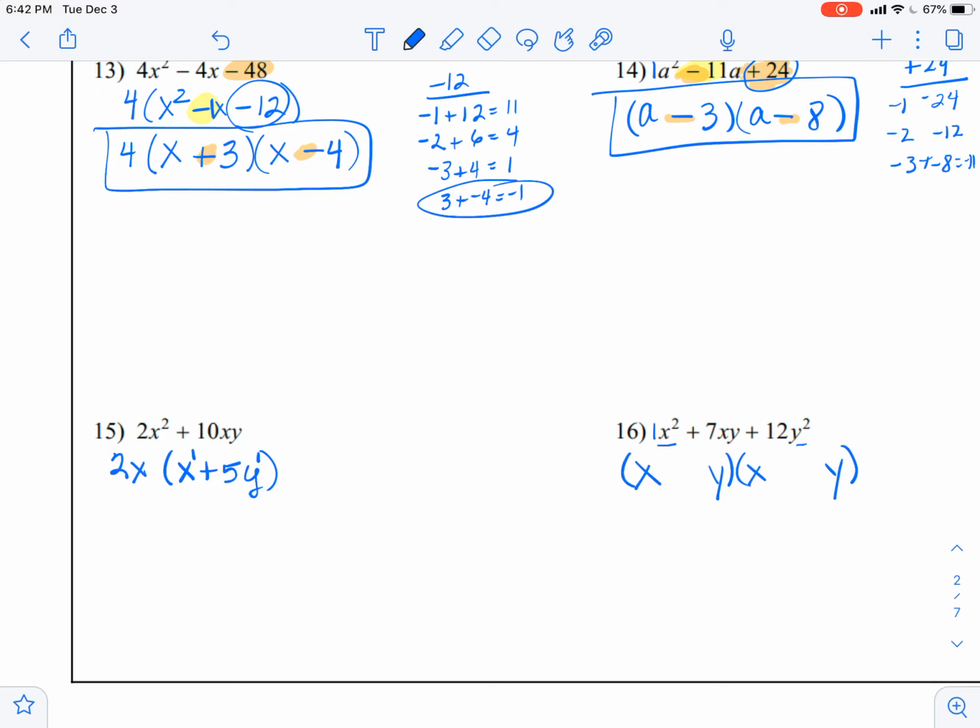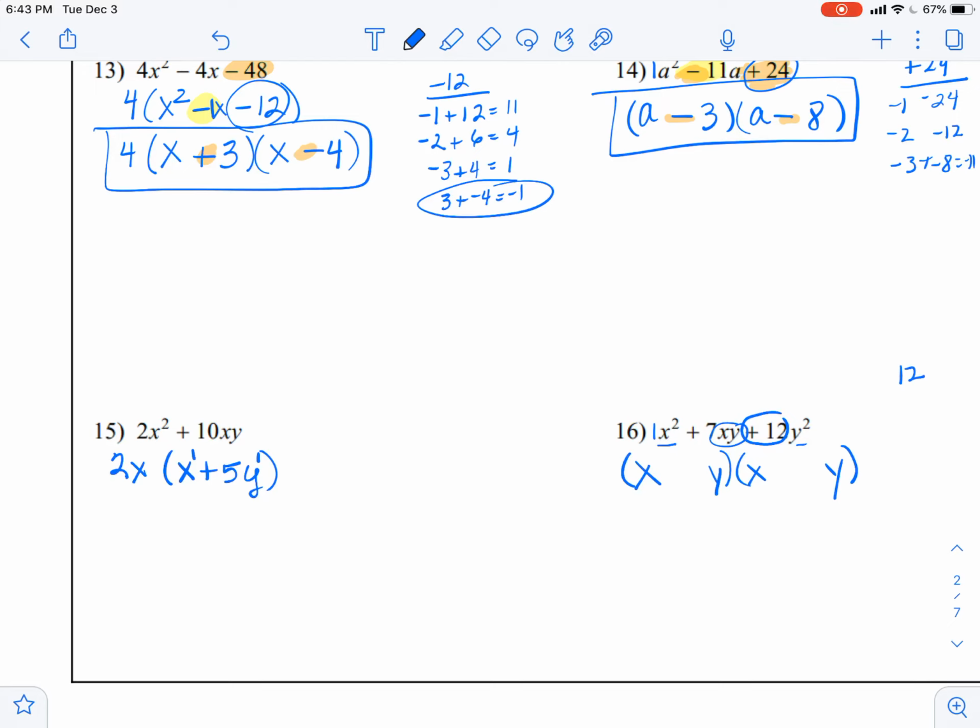Now when you do FOIL, guys, and you do first, you're going to take x times y. That's going to give you that xy that's in the middle, okay? Inside, there's your xy. So it just kind of automatically works, and you don't have to do anything with that. I'm going to look at the positive 12.